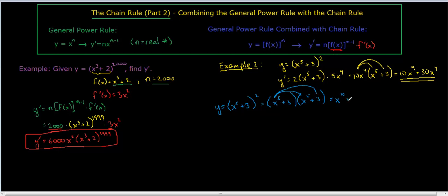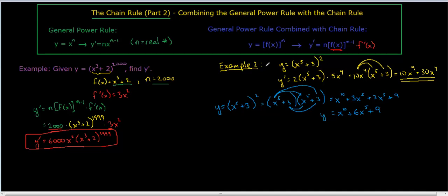X to the fifth times 3x to the fifth, and then another 3x to the fifth, and finally 3 times 3. Notice I'm not taking a derivative yet. I'm just multiplying out this expression. And then I'm going to differentiate.